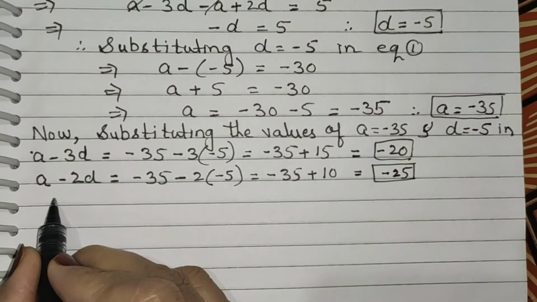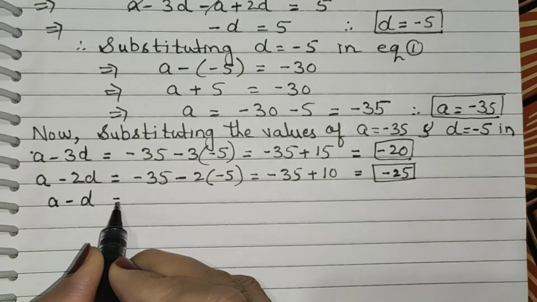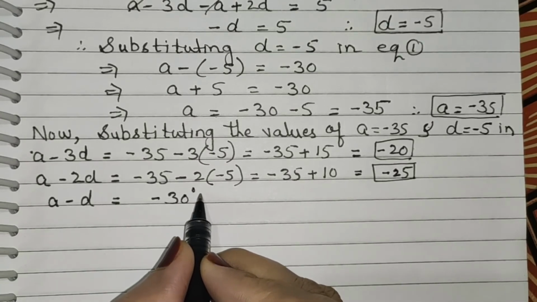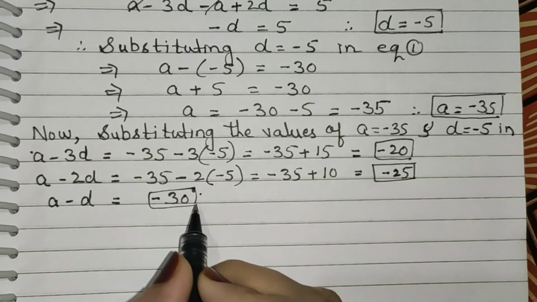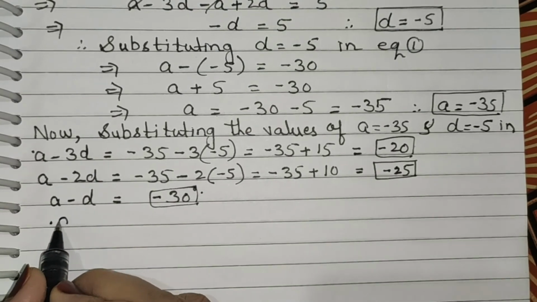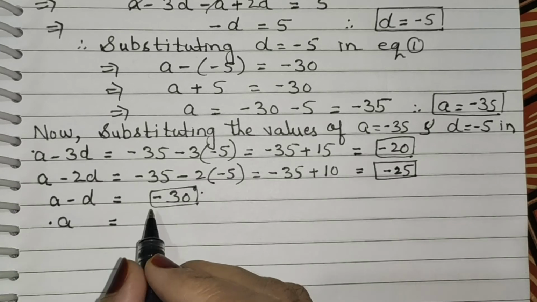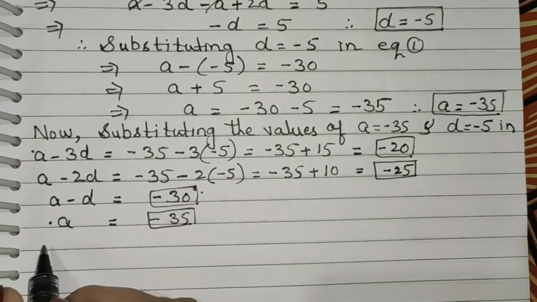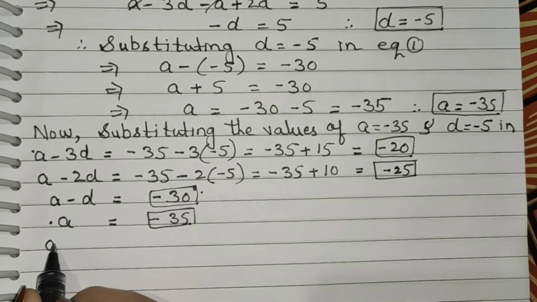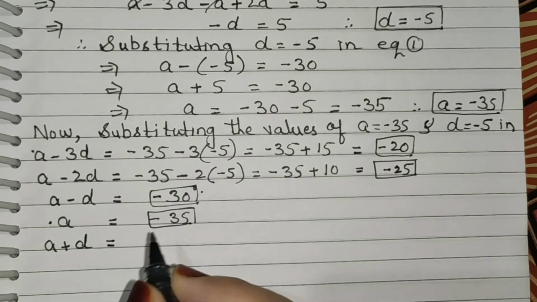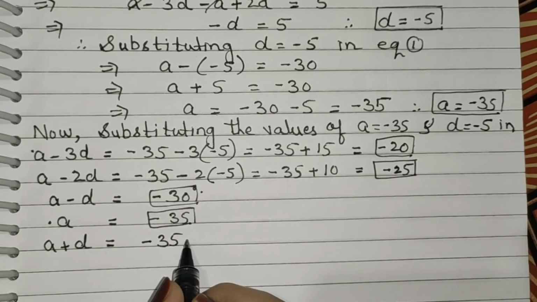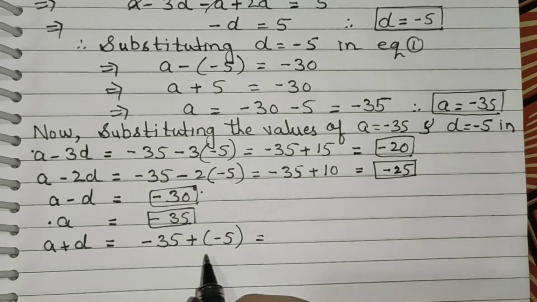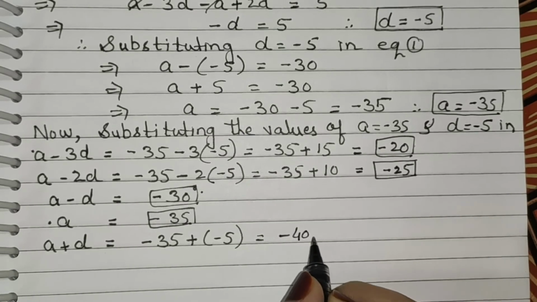Next one is a minus d, temperature of Wednesday. It is given, which is equal to minus 30 degree centigrade. And next a, the value of a is minus 35. Next one is a plus d, which is equal to minus 35 plus minus 5, addition of negative and negative number, we get minus 40.